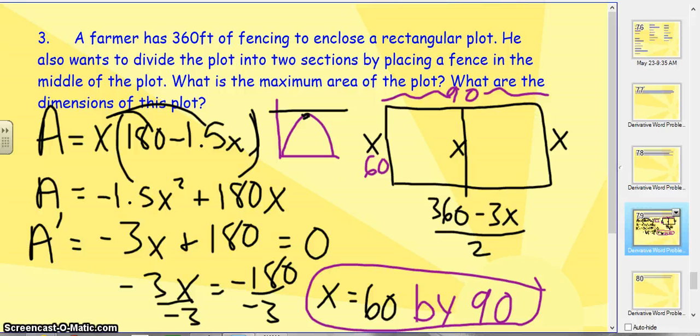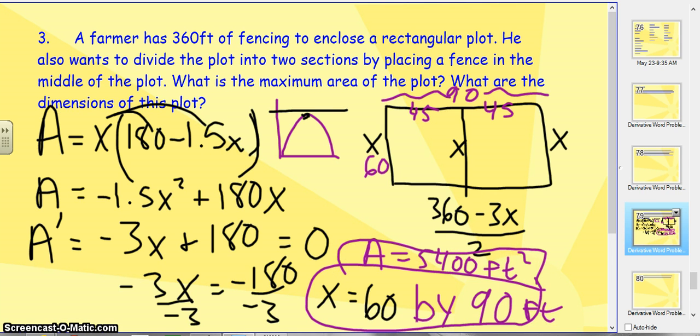I'd have to do 90 divided by 2, so it'd be 60 by 45, because these would each be 45. Okay, second question, or I guess I did the second one first. What's the maximum area? So 60 times 90 is 5,400, and that's feet squared, and this is feet.